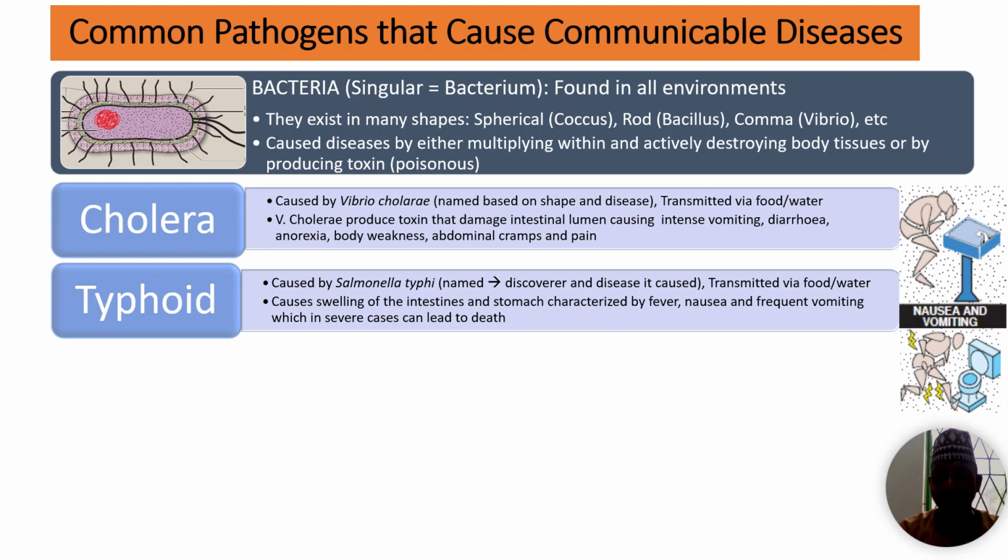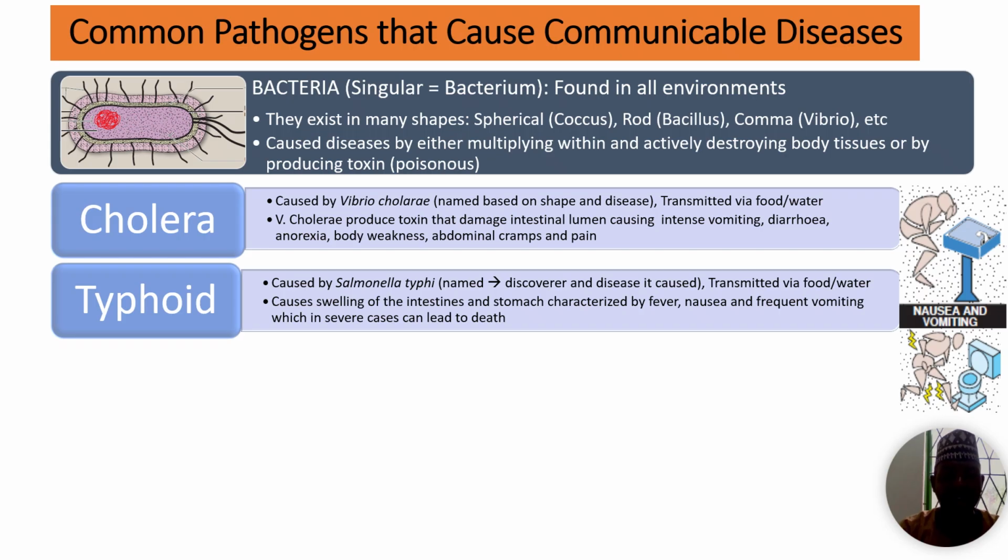Salmonella typhi also affects the gastrointestinal tract, just like Vibrio cholerae, but the mechanism is different from that of cholera. The bacteria generally multiply in the gastrointestinal tract.